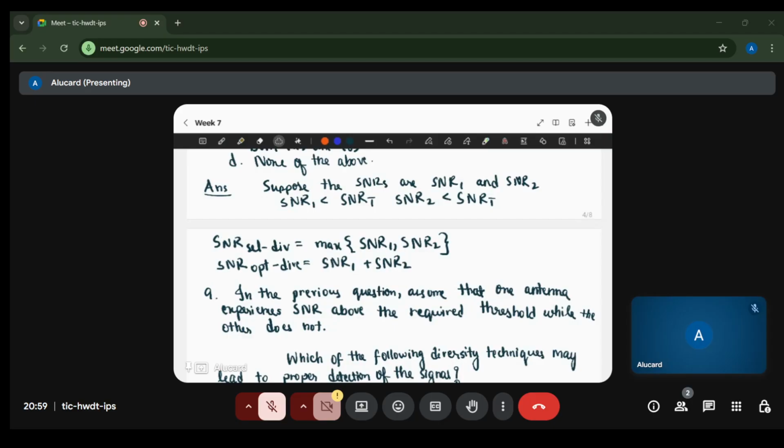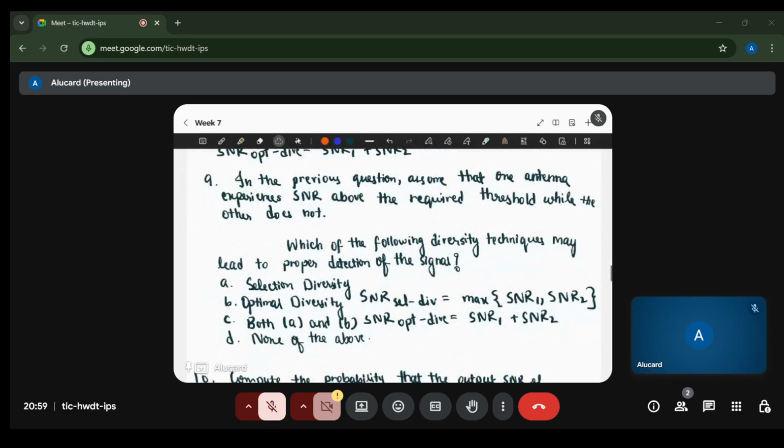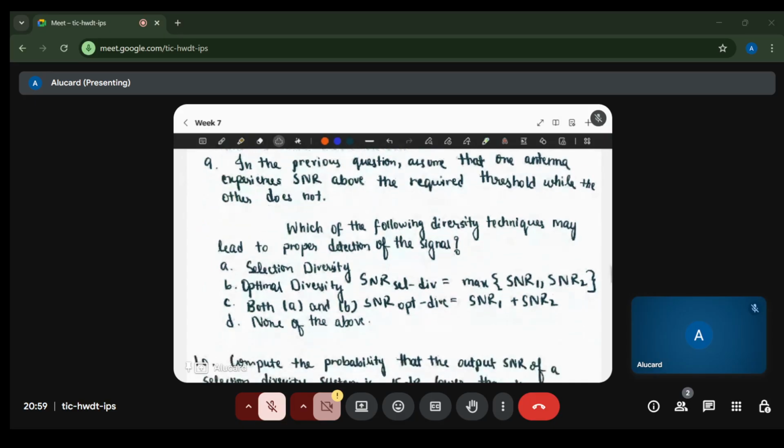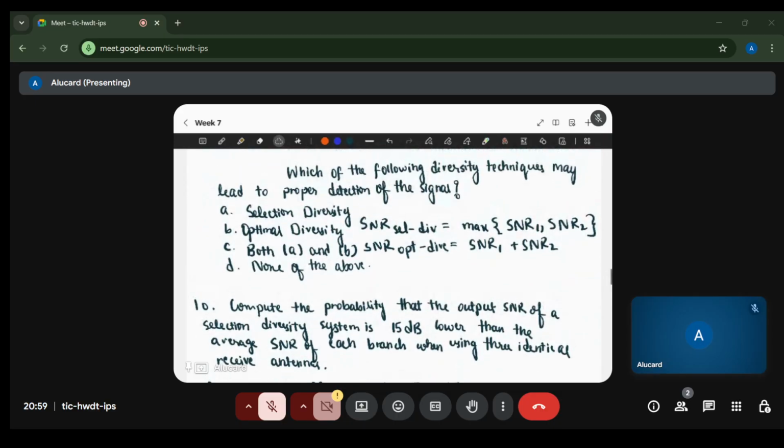In the previous question, assume that one antenna experiences SNR above the required threshold while the other does not. Which of the following diversity techniques may lead to proper detection of a signal? Selection diversity, optimal diversity, both or none. So as we saw, selection diversity gives you an SNR which is the max of both the SNRs.